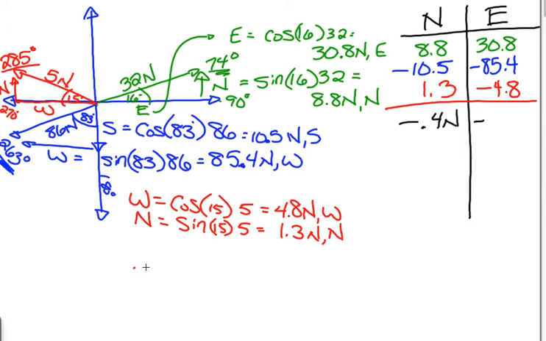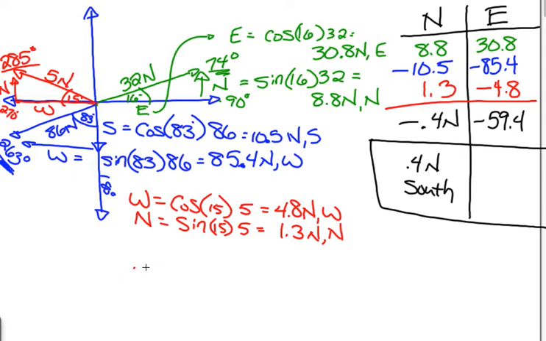I get negative 59.4. Now, if I got negative 0.4 in the north column, that's really going, okay, that negative just told me it was going opposite of north, so it's really 0.4 newtons south.